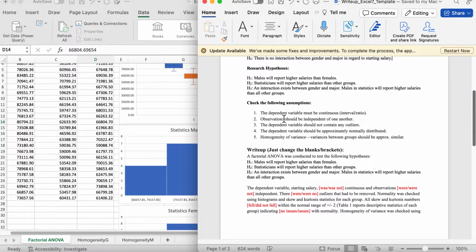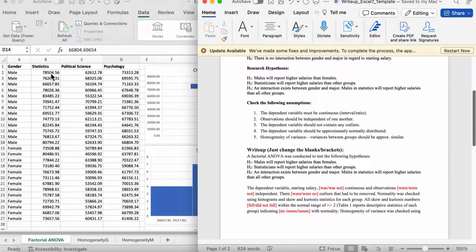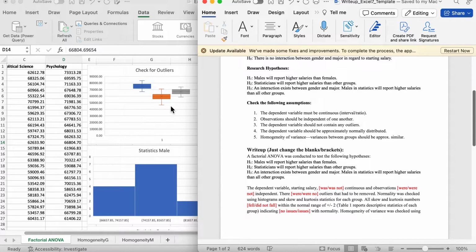This is just kind of a checklist for you. The dependent variable must be continuous, and we have salary here, so we know it's continuous. The observations should be independent, and they are. This is one person, this is a separate person. We have no outliers based on this.